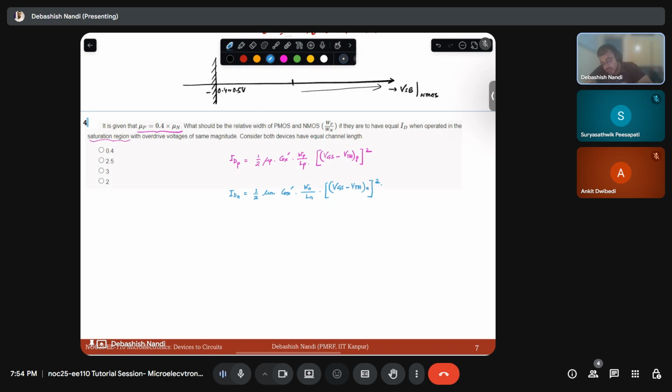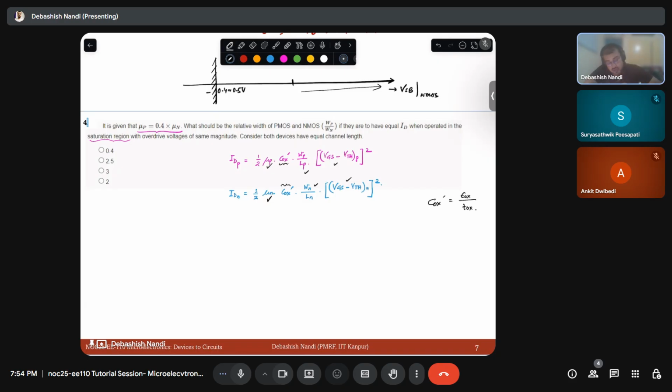Now, can you tell me, what I can see is that these are different, these are different, these are different. So why did I put my Cox the same? There is no subscript on Cox. So what is Cox? Epsilon ox divided by Tox.